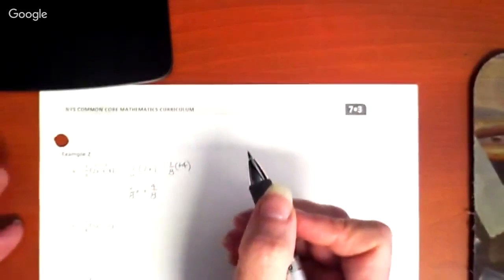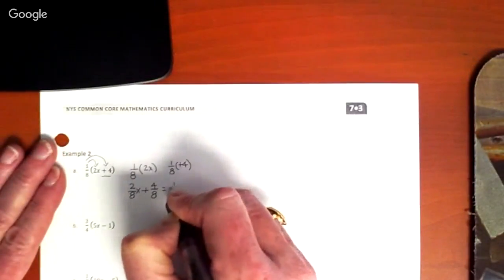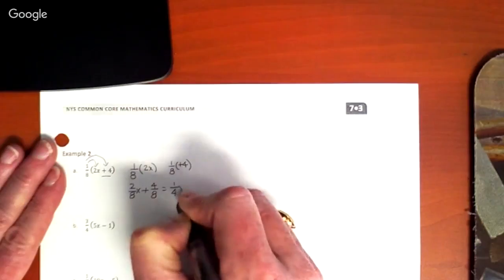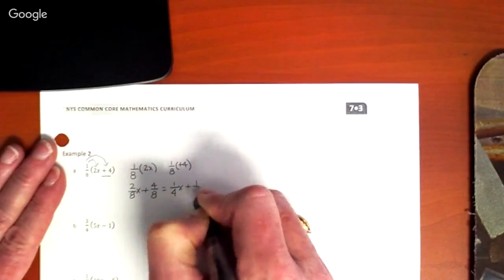If we put them in our calculator, they would already be simplified. So it would be simplified to 1/4 x plus 1/2. So the rest we're going to automatically simplify because our calculator would do that for us.